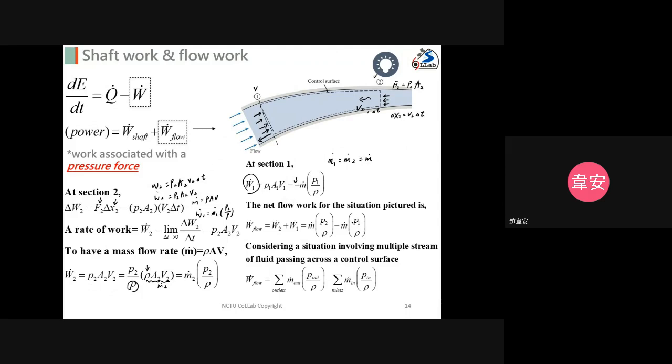And if we consider a situation involving multiple processing areas, then we will have the sum of the outflow and the inflow energy.